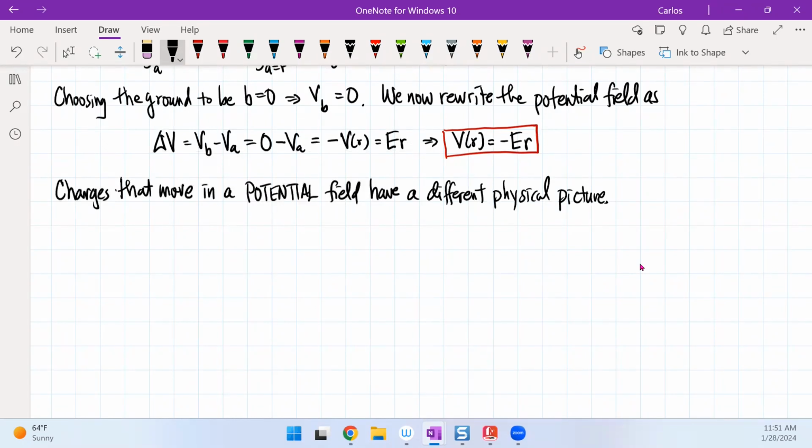And so if you look at the potential field picture, there's this electric field that we talked about earlier. This is our E field picture.